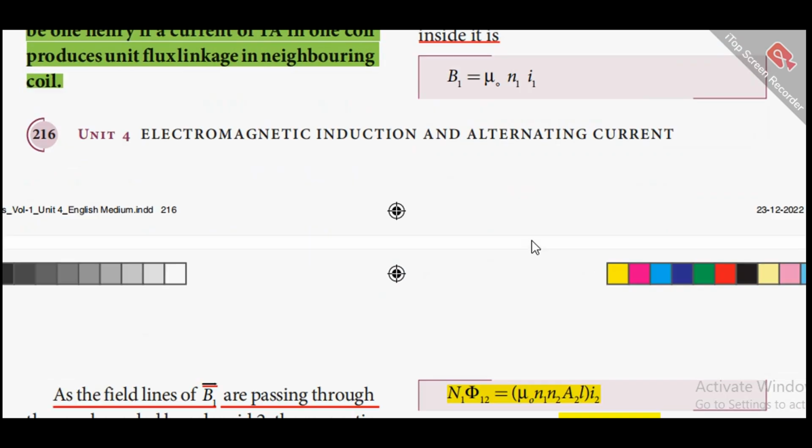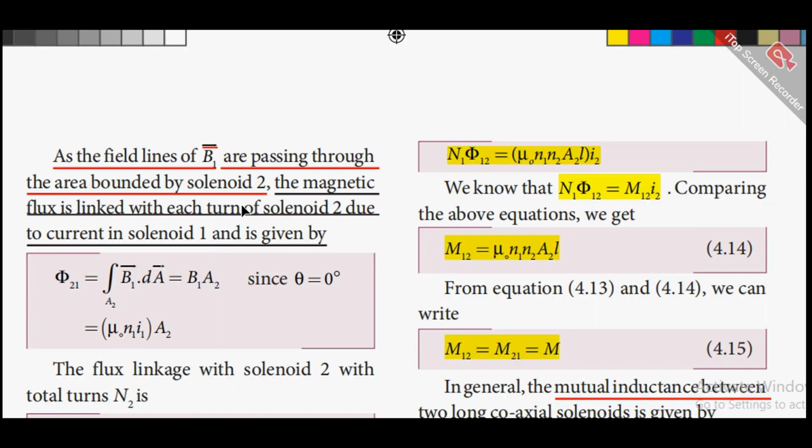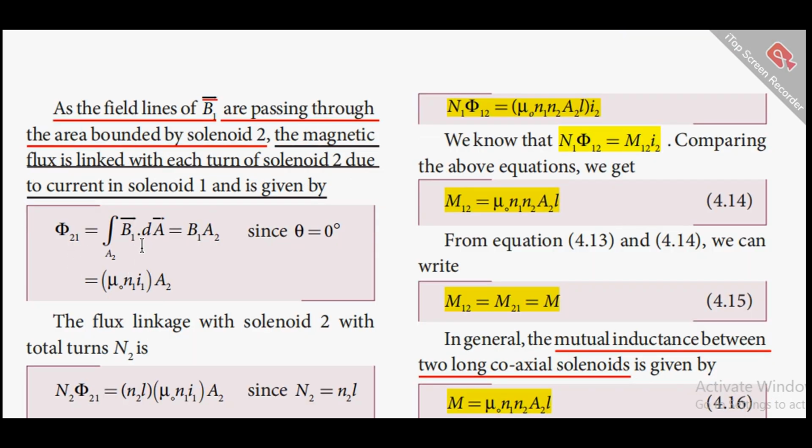As the field lines of B1 are passing through the area bounded by the second solenoid, the magnetic flux is linked with each turn of the second solenoid due to current in the first solenoid, and that is given by the expression phi21 equal to integration of B1 dot dA, that's equal to B1 A2 as theta is equal to 0 degrees. Therefore, this can be written as mu naught N1 I1 into A2.